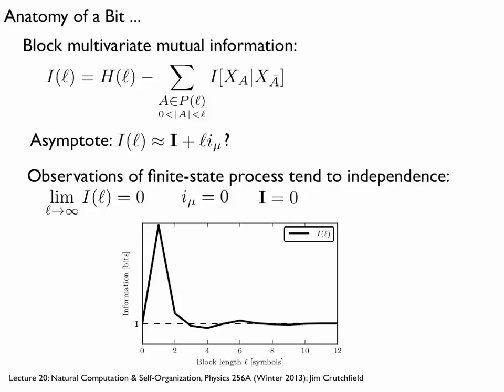And you think, oh, there's some kind of linear asymptote with some offset, call it big I, plus L times some other scaling rate. Well, when you actually calculate it out empirically, you notice that it goes to 0, the slope is 0, and the offset is 0. And you're going, no, why is that?